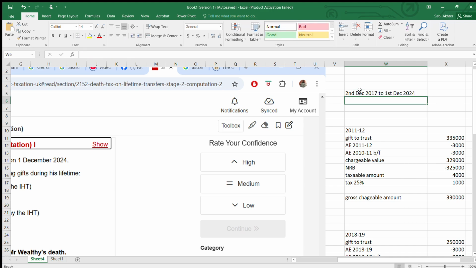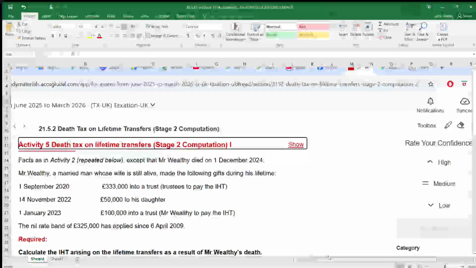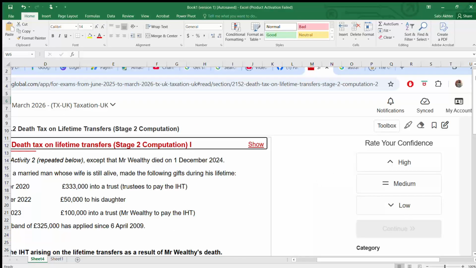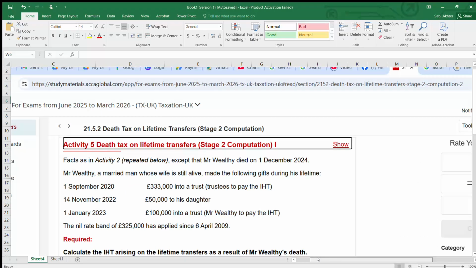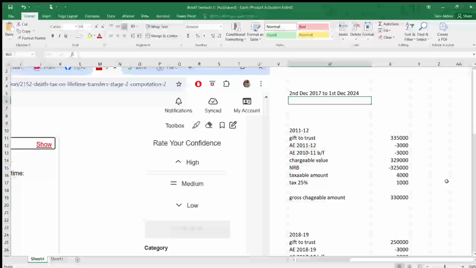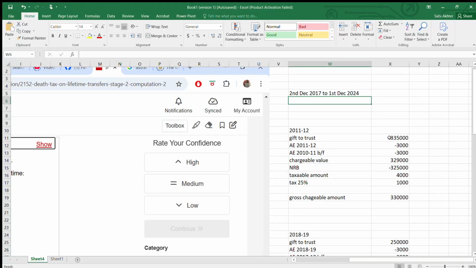Now, if you go to the gift to the trust, it is 1st September, the gift is 333,000.